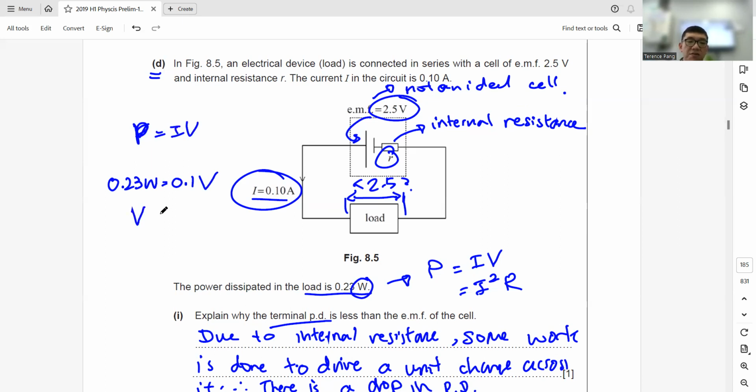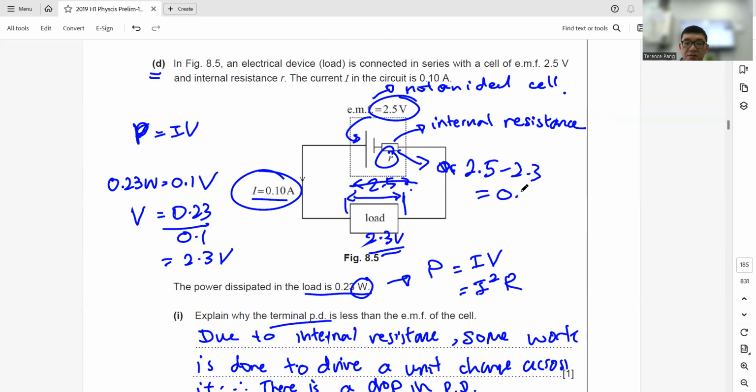You can find the potential difference across the load, which is 0.23 divided by 0.1, that is 2.3 volts. If this is 2.3 volts, this should be 2.5 minus 2.3, that'd be 0.2.